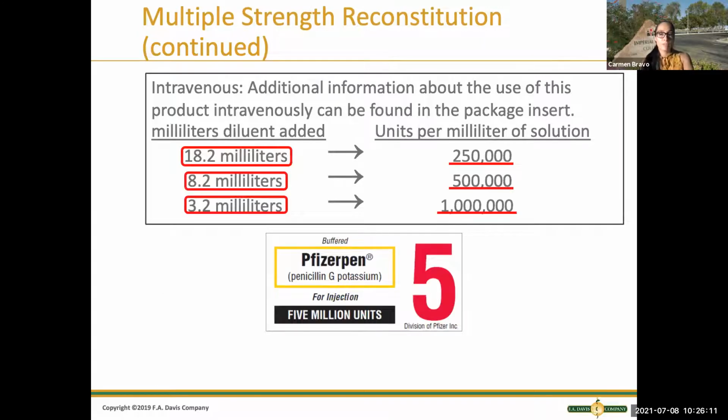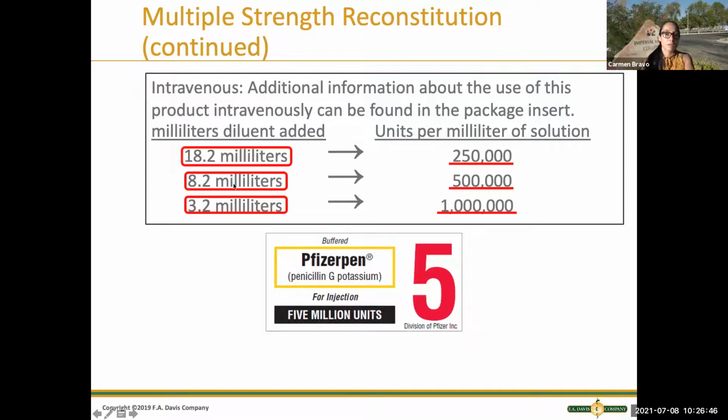You have a sample here of an IV medication that has multiple strength reconstitutions. Normally you'll see all of this big old wording in the package insert, and the hospital is even going to tell you exactly which one to use. For example, if you want to come up with 250 units, this is going to be your diluent, and you have to add this much.